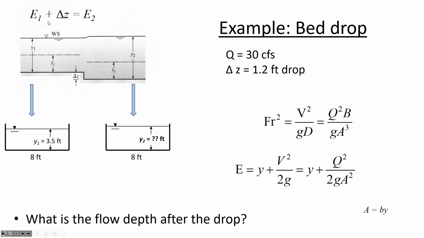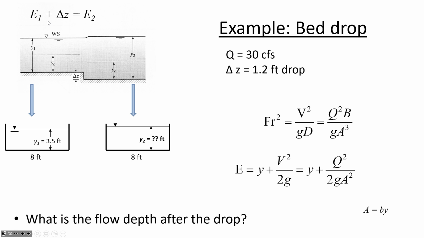So that's what I'm going to substitute in here for the area when I get to that point. But what we do know is the flow rate of 30 cubic feet per second, so I can calculate the flow velocity because I know the area and the flow rate. For example, V1 is going to be Q divided by A1.